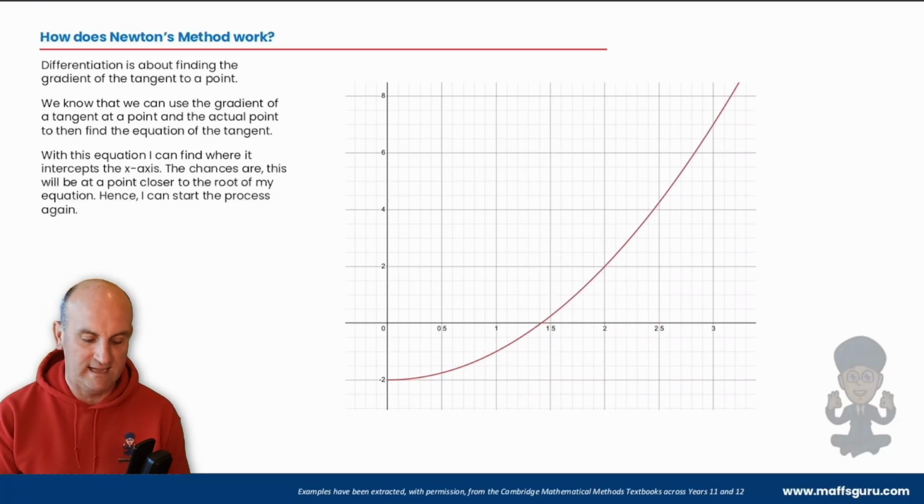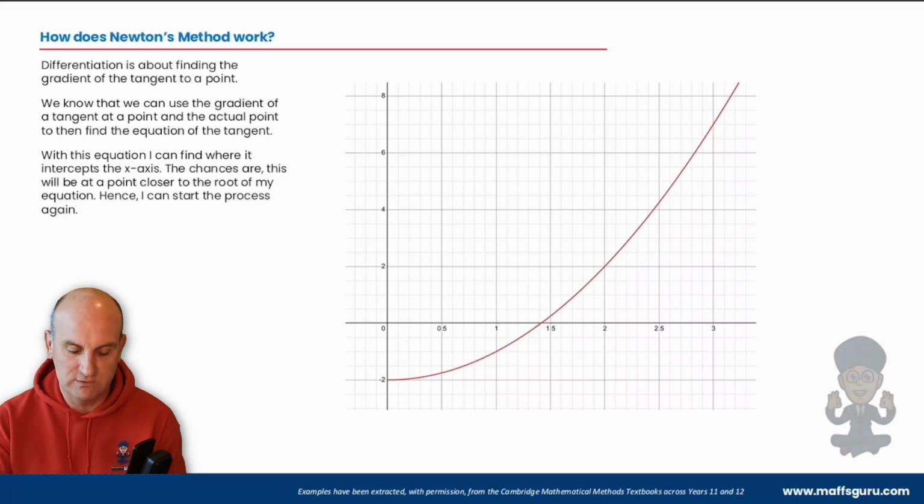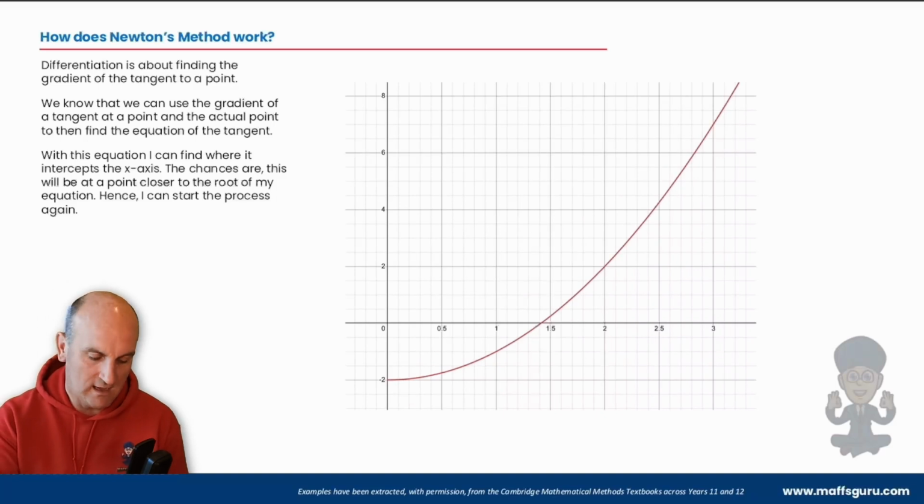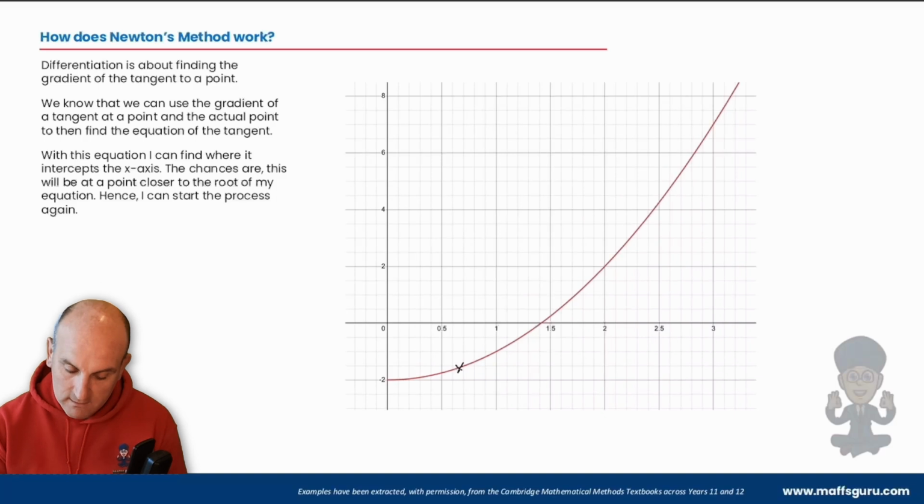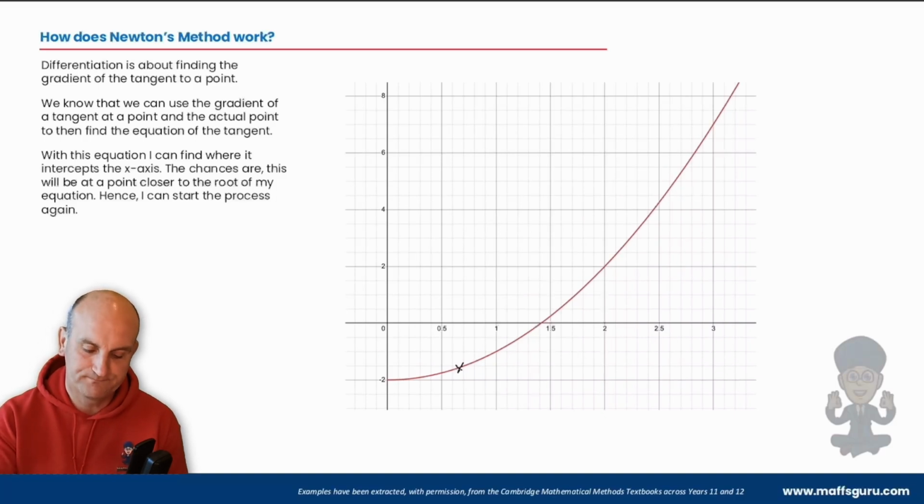One of the great things is it uses the idea of gradients at particular points. What you do is choose a random point, because what we're trying to do is find where the function crosses the x-axis. So let's say I choose this point here, and I'm doing that deliberately for a reason.